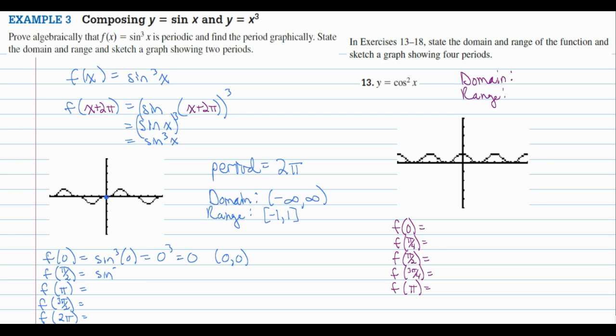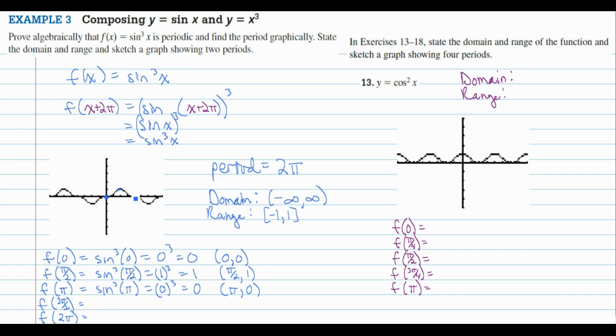The sine cubed of pi over 2, well, the sine of pi over 2 is 1, 1 cubed is still 1, the sine cubed of pi is, well, the sine of pi is 0, 0 cubed is 0, so pi comma 0 is another point.